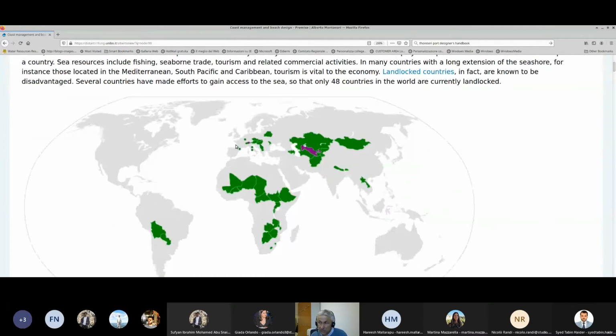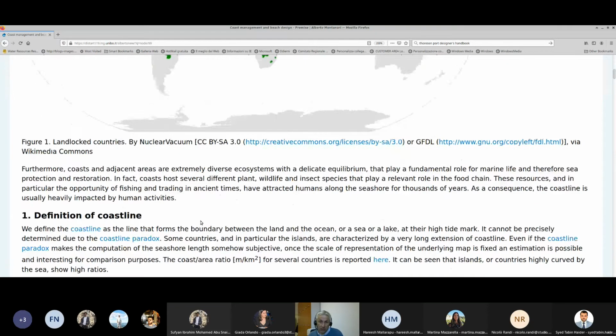So you see really the importance of the sea, and keep into account, I said very few countries are landlocked. Indeed, they are only 48. And we know that this is a problem from a socioeconomic point of view. So you see really the importance of what we are talking about.